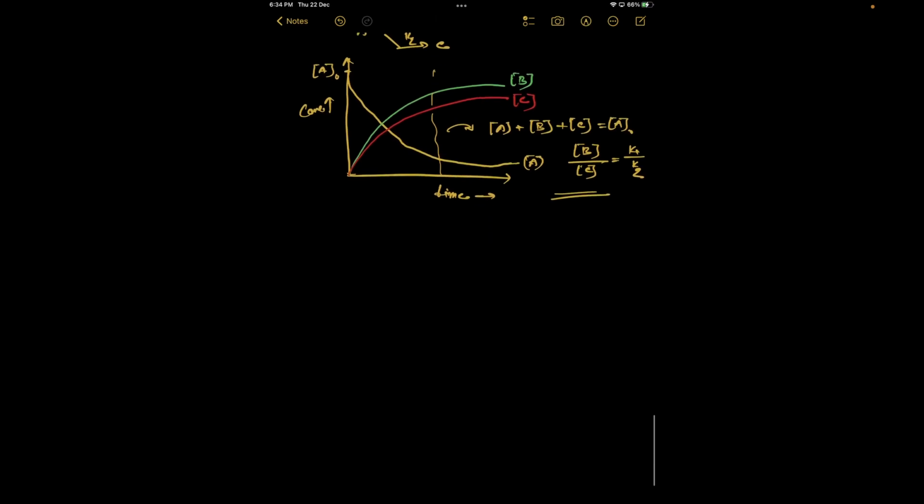Okay, so this is the parallel reaction, and the third type is the reversible or opposing reaction.